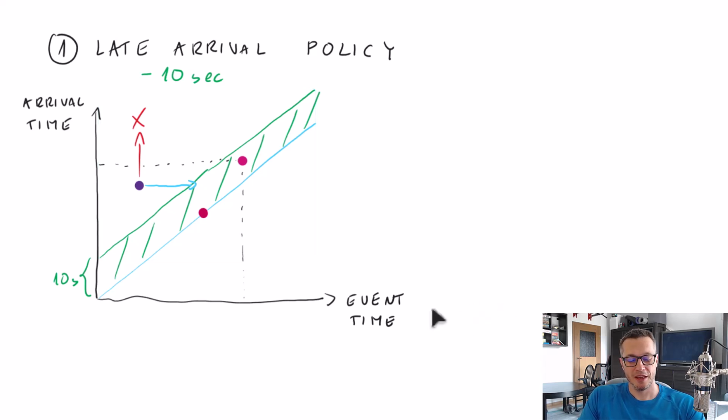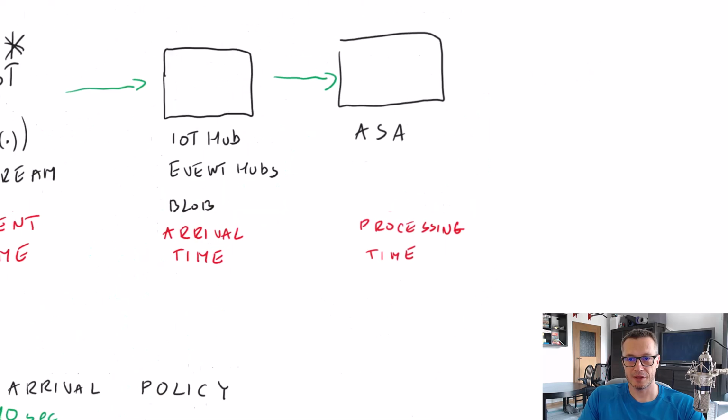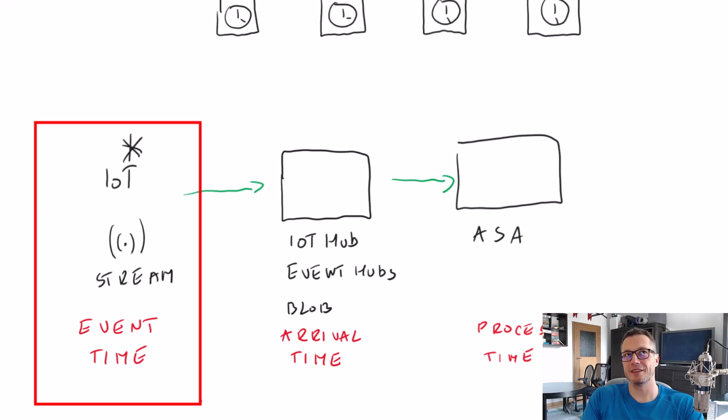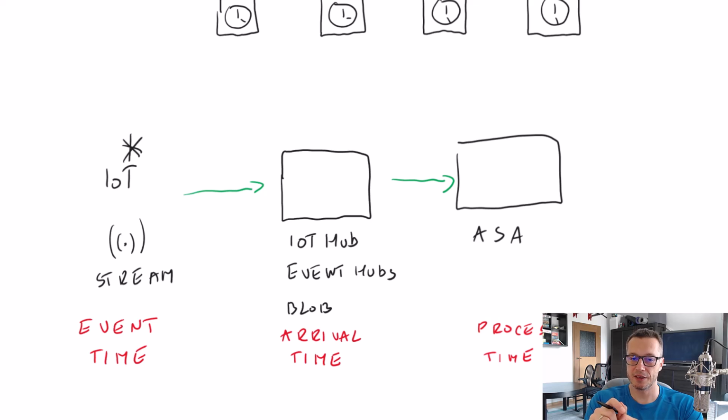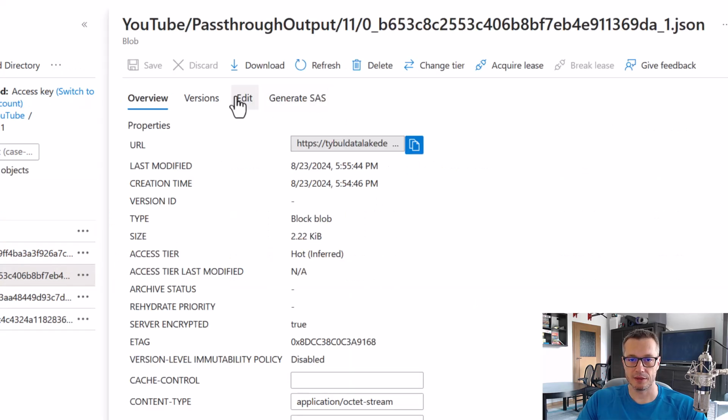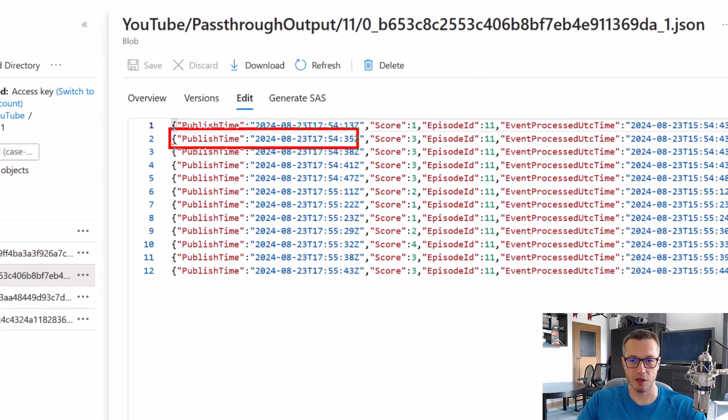Now, I told you that it would adjust event time, and event time is the time when the event actually happened. So one important thing is that Stream Analytics will not update the original field that contains the event time. For example, in our case, it could have been this publish time. No, this field will remain unchanged because it cannot be modified.